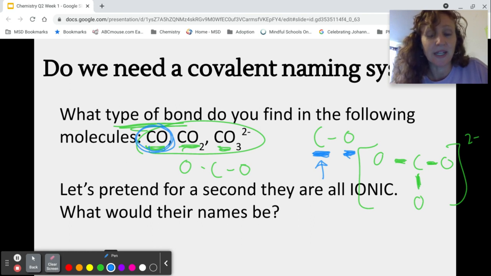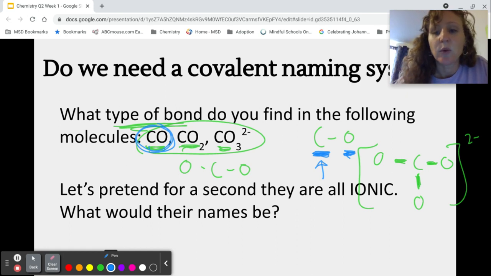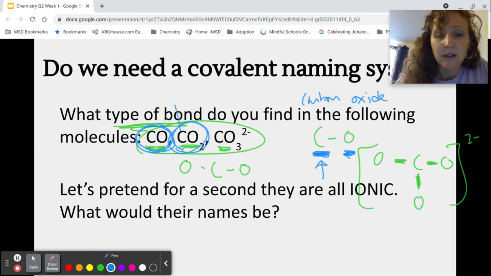That's problem number one. Problem number two is, even if we kind of modified it, let's pretend carbon's a cation. This would be carbon oxide. This one would be carbon oxide.